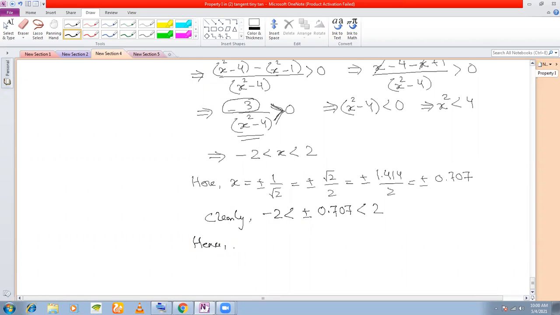Hence, both the values of x are acceptable. That is, x equal to plus or minus 1 by root 2 is the required solution. Any questions?